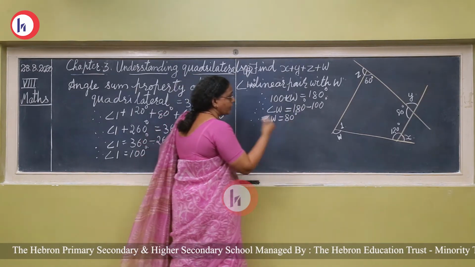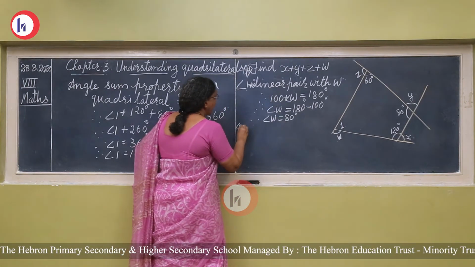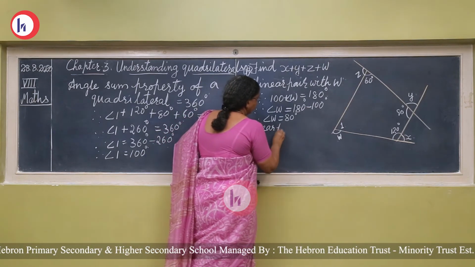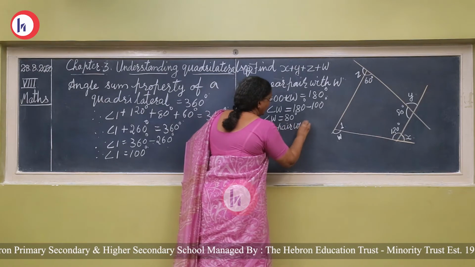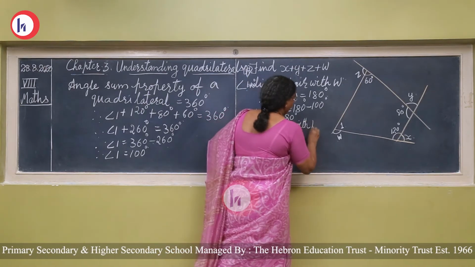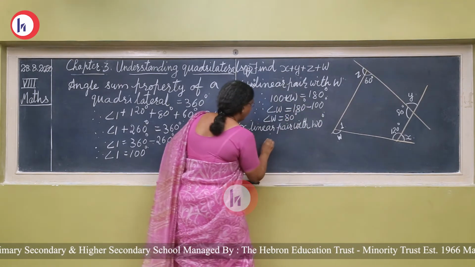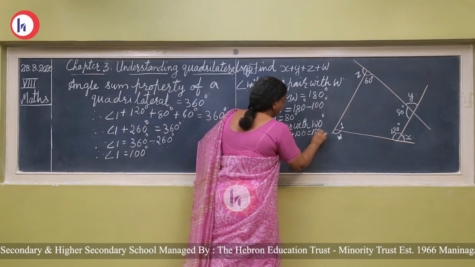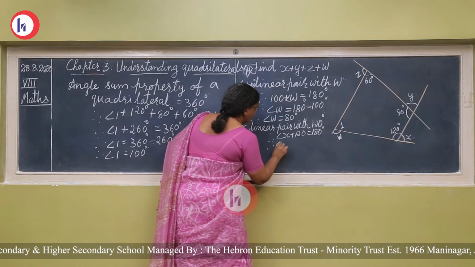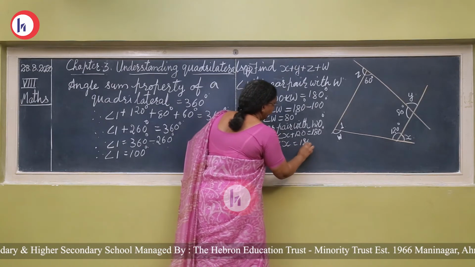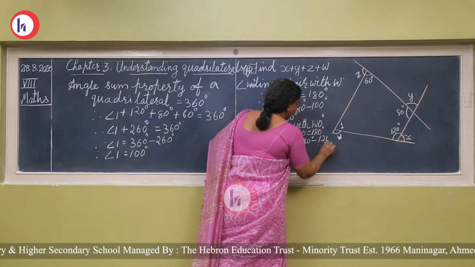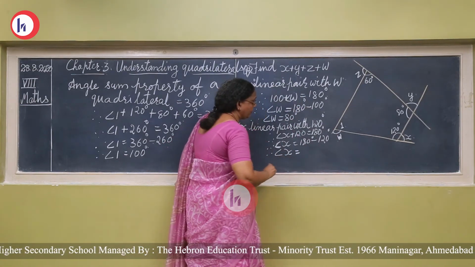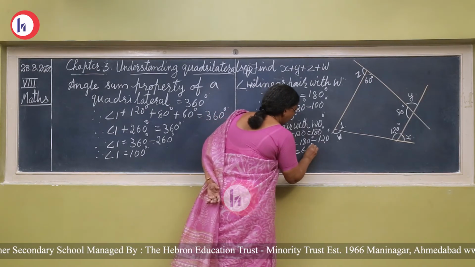So, W is over. Now we'll go to X. Angle X is a linear pair with 120 degree. Therefore, angle X plus 120 is equal to 180 degree. Therefore, angle X is equal to 180 minus 120, which is 60 degree.